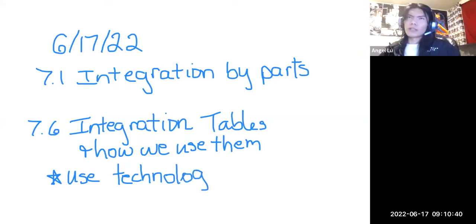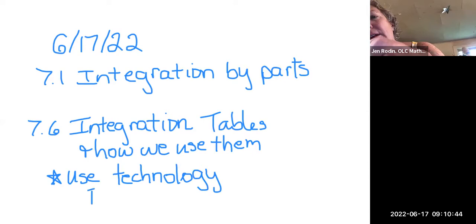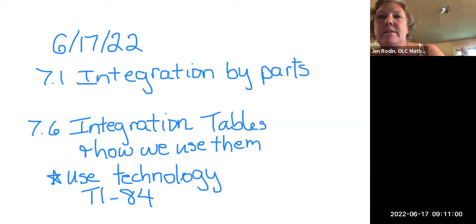Are you talking about a TI-83 or Desmos? I don't know how to integrate in Desmos, but I do know how to find the derivative now. I haven't learned integration yet. But I'd use a TI-84, or they have them online for free now, or an app for your phone.